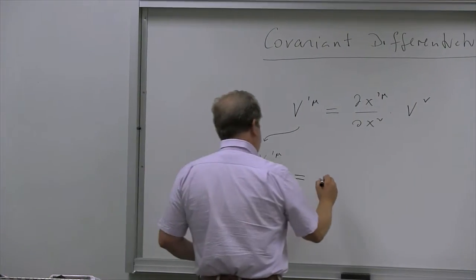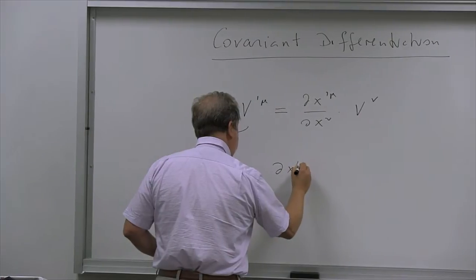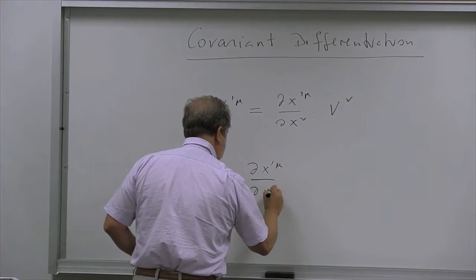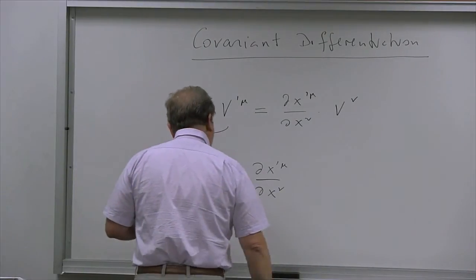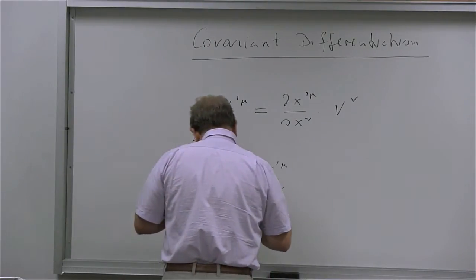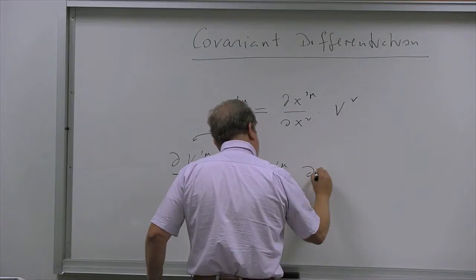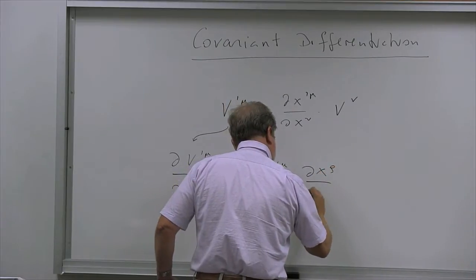The first term is just the dx prime mu by dx nu, as we have there, times the derivative of v nu with respect to x rho.